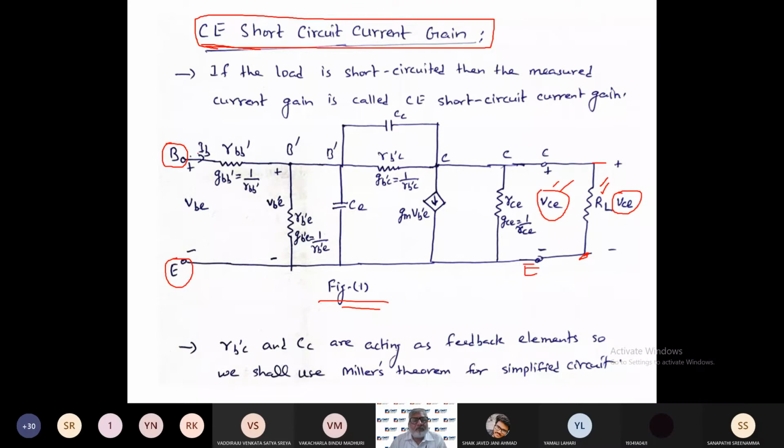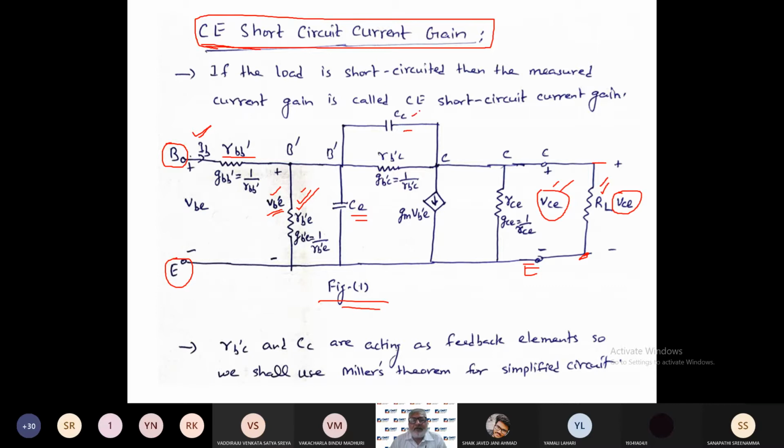Now the input current is IB, that is your base current. RBB dash is the base spreading resistance, which we have already seen in the previous slide. And this is the resistance between the virtual base terminal and emitter, RB dash E. The voltage across this RB dash E is VB dash E. This CE is the capacitance formed between base and emitter.